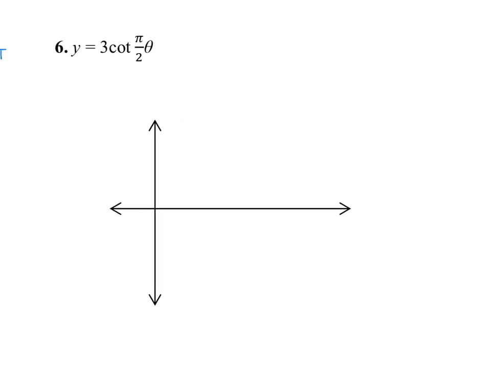Okay, so tangent rises from left to right, cotangent decreases from left to right. Unless there's a negative in the front, then it's backwards. Okay, for tangent and cotangent, you do 180 divided by the b value, or pi divided by the b value. The b value is pi over 2, so the pi's cancel.